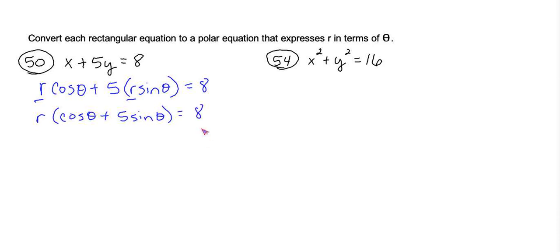That's equal to 8. Now I want to express r in terms of theta. That's why I factored the r out. I want r by itself. So what we're going to have to do is divide both sides by cosine theta plus 5 sine theta.